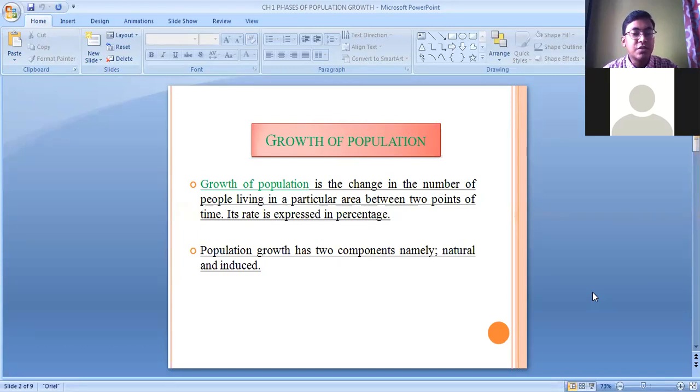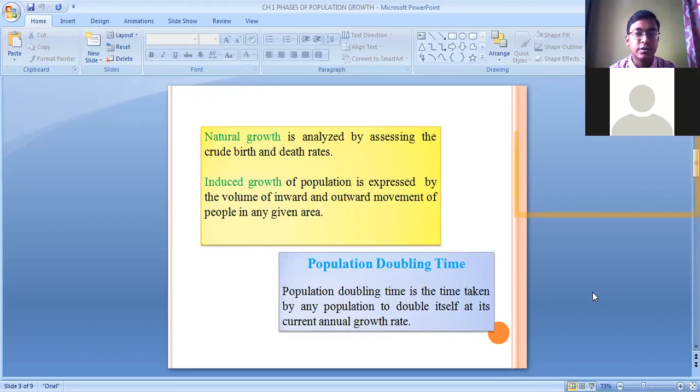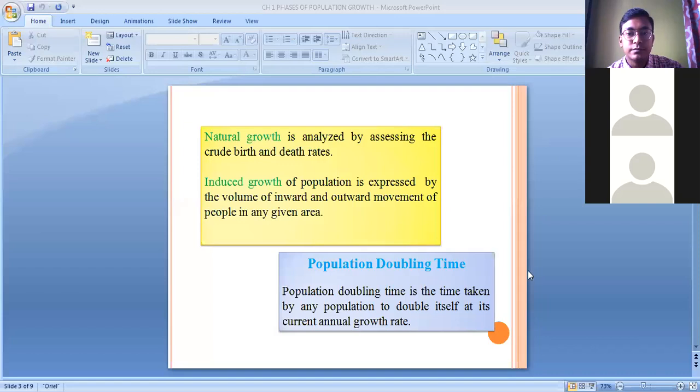So what is this natural growth of population and induced growth of population that we are going to study? As I said, there are 2 components of population growth actually. One is the natural, another one is the induced. So what is natural growth of population, or what do we mean by induced growth of population?